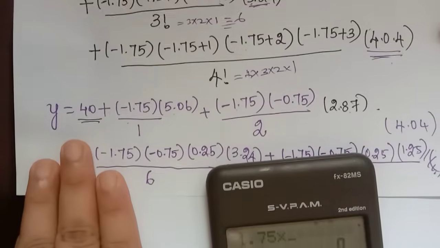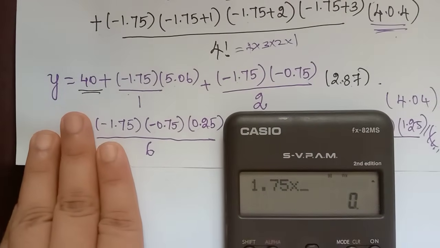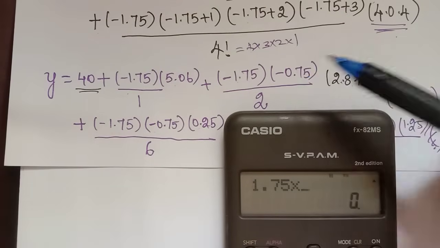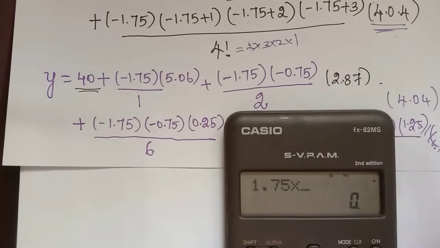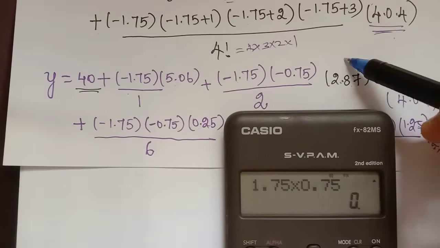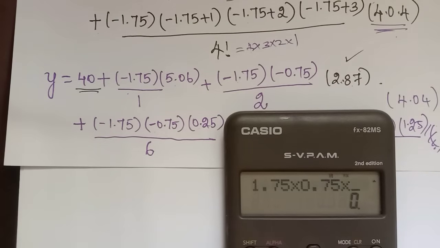Okay, so after that, so 1.75 multiplied with, and that value is positive only. So anyway, minus into minus will become, that full term will become positive. So now 1.75 multiplied with 0.75, and then that value multiplied with 2.87.